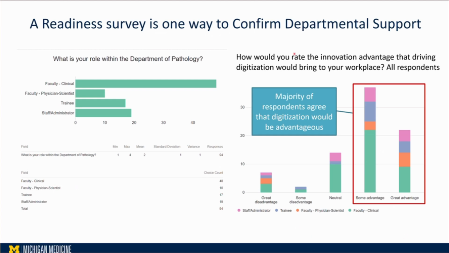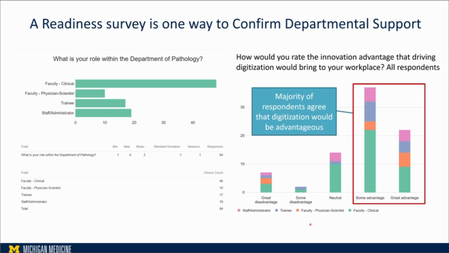This is one of the things I'm sharing with you. One of the questions is, how would you rate the innovation advantage that driving digitization would bring to your workplace? And we found that the majority of them strongly agreed that digitization will be advantageous.